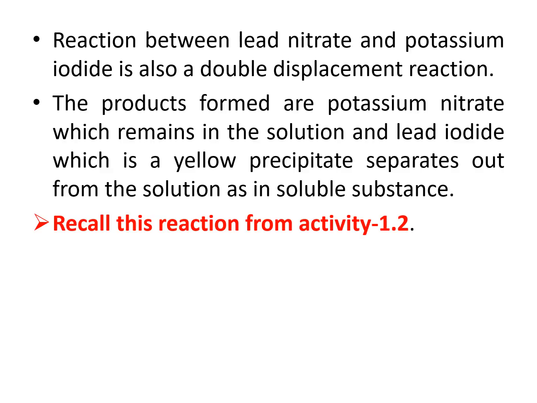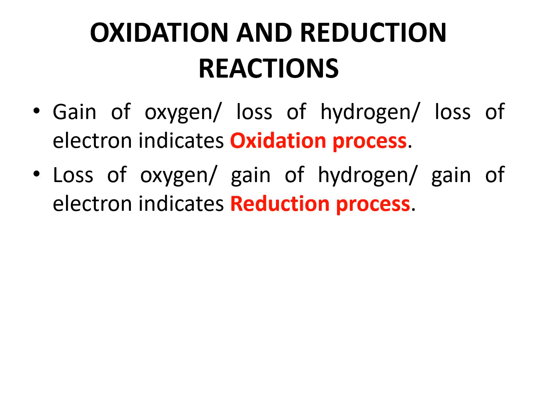So in this case, the products are potassium nitrate, which goes in the solution, and lead iodide, which is a yellow precipitate that separates out from the solution as an insoluble substance. So this again is an example of a double displacement reaction.